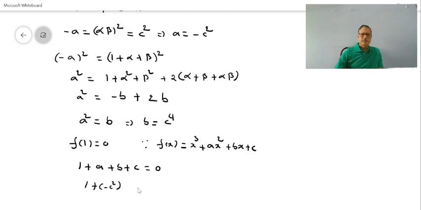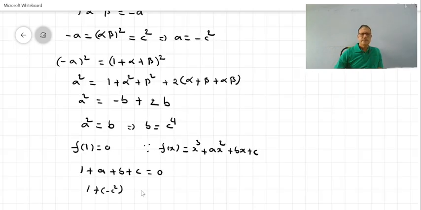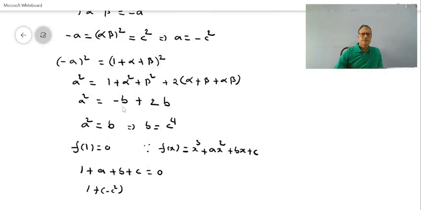Next one, what is b? So b is equal to c to the power of 4 plus c, that's equal to 0.